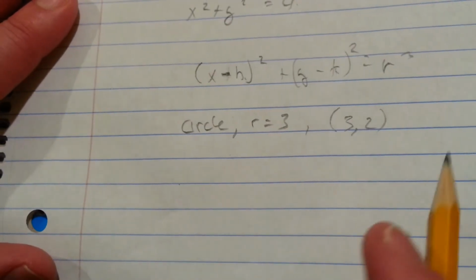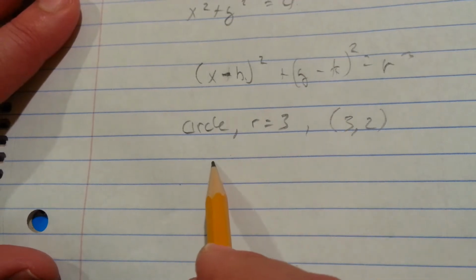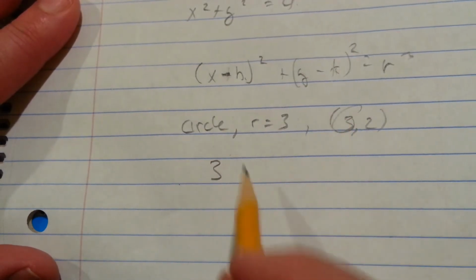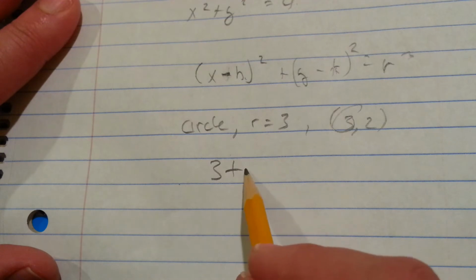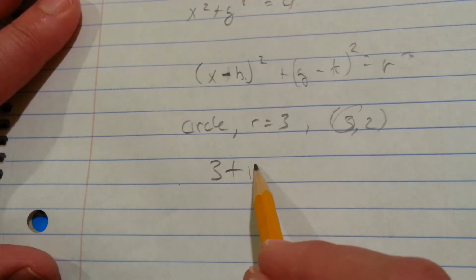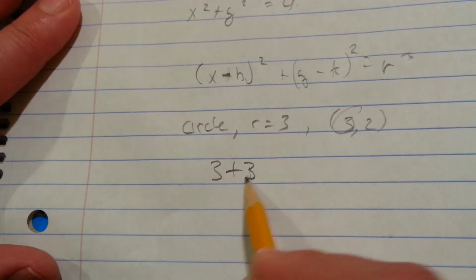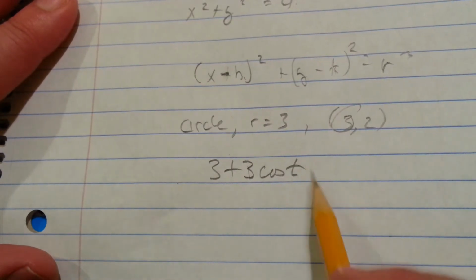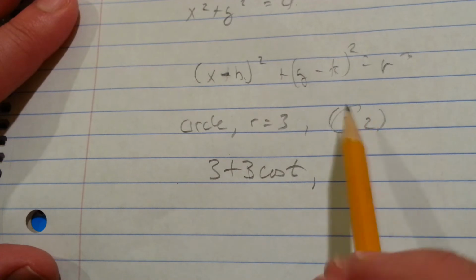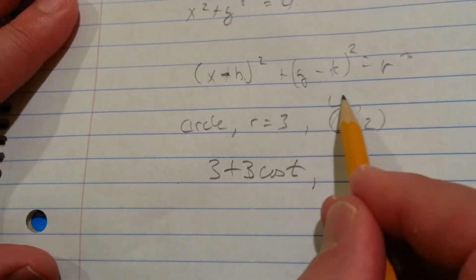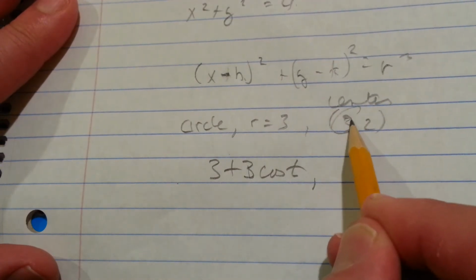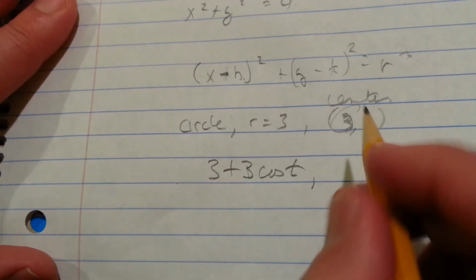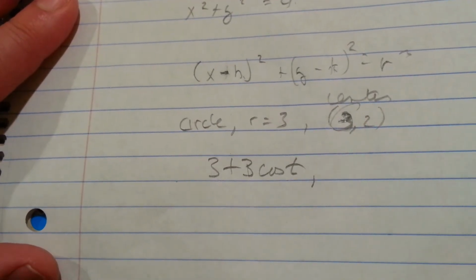In parametric mode, I'm going to have 3, that's my x component, plus my r cosine theta, which is going to be, my radius is 3 cosine t, and then since this is my center of my circle, here's the center. It's not the origin. It's at 3, 2.